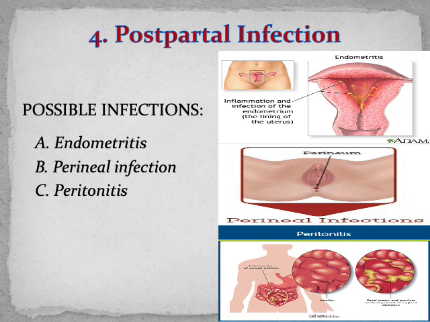This is of great concern kasi yung pagkakaroon ng scarring, dahil nagkaroon siya ng infection sa endometrium, will possibly lead to interference with future pregnancy. Kaya kailangan ma-manage talaga siya.